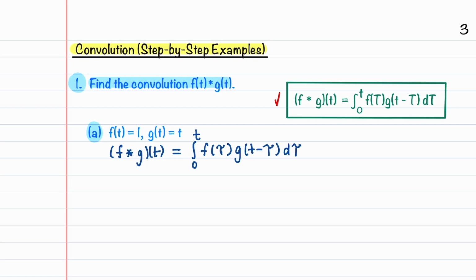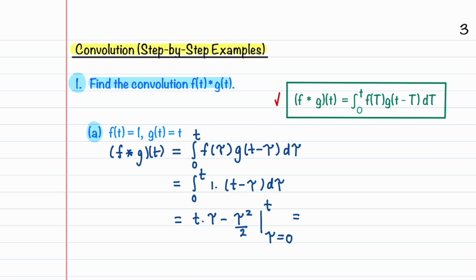Let's now substitute in what f and g are equal to. f is equal to 1, and then g is equal to t, so g of t minus tau is just t minus tau, and we integrate with respect to tau. This gives us t times tau minus tau squared divided by 2, and then tau is equal to 0 up to t.